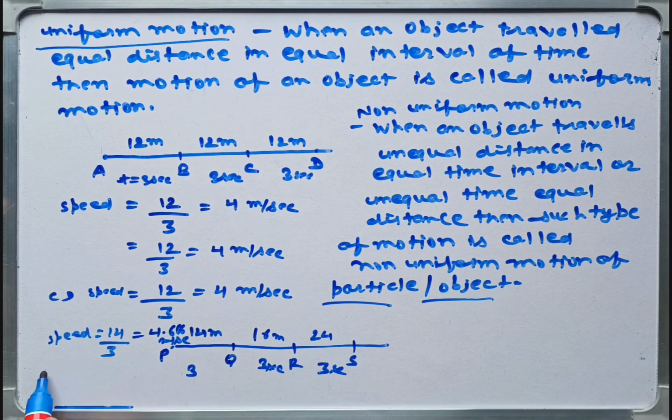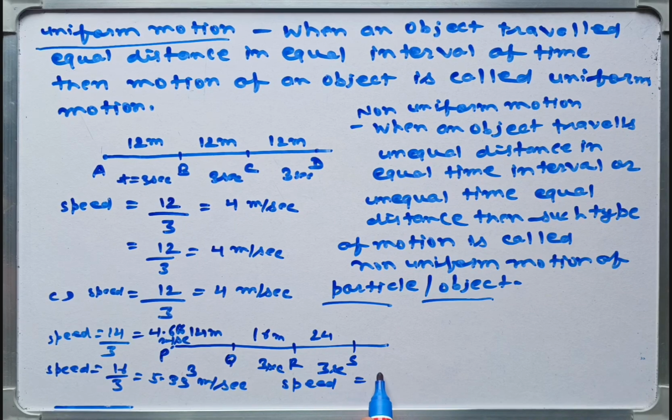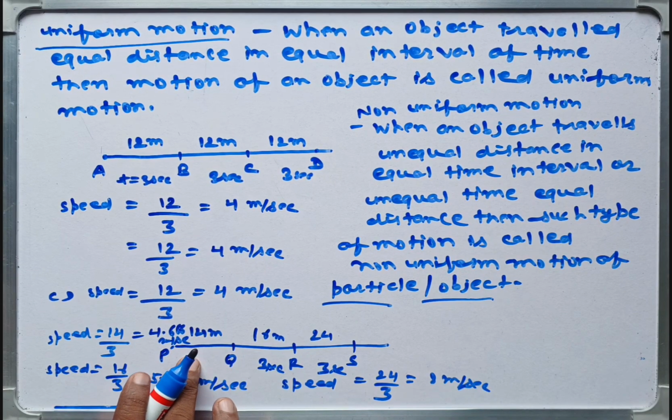In this case speed Q to R equals 16 by 3, so this is 5.333 meter per second, and speed R to S equals 24 by 3 equals 8 meter per second. So what you see, in different time intervals speed is different. So we can say the motion of the object is non-uniform motion.